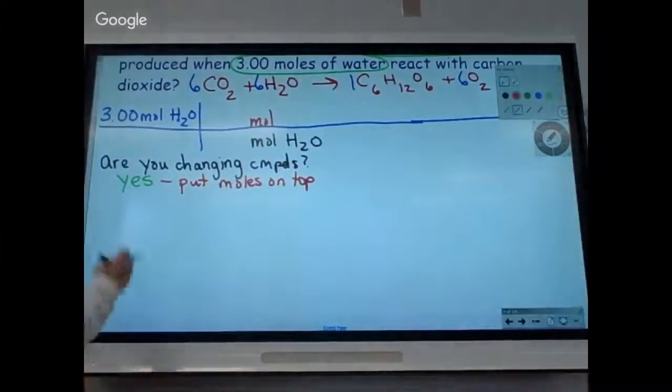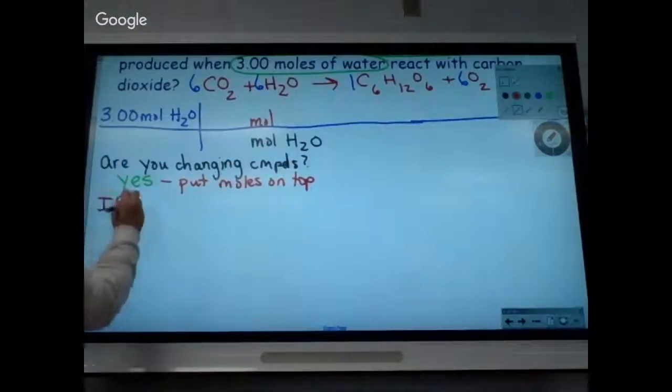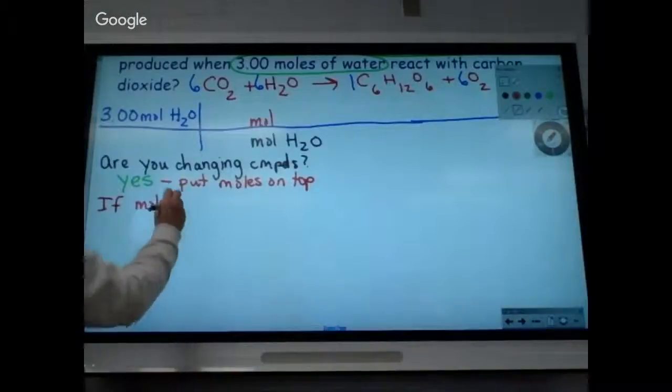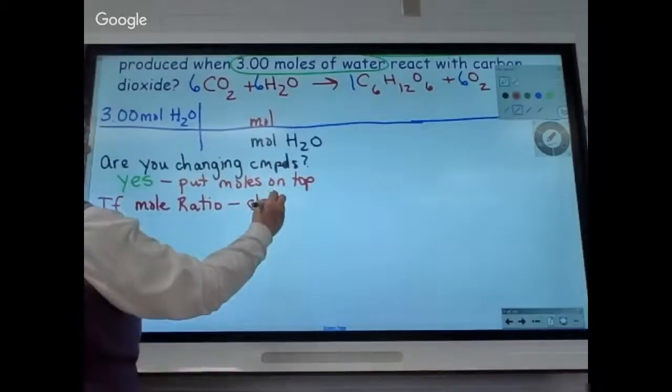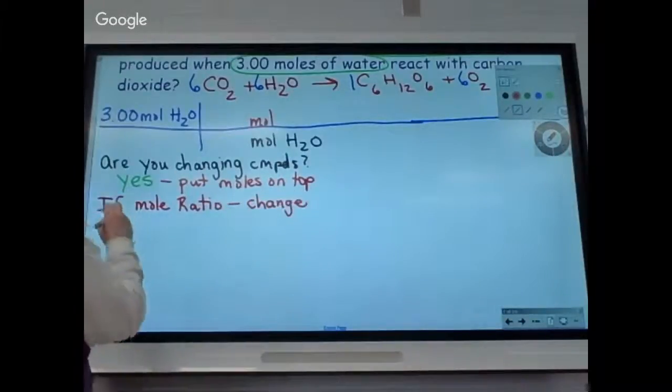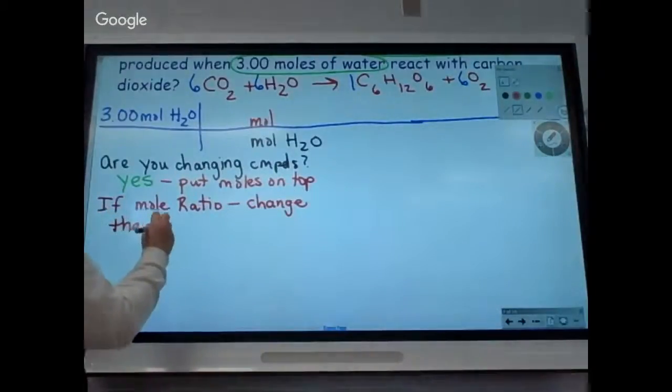Now, if it's a mole ratio, change the compound.